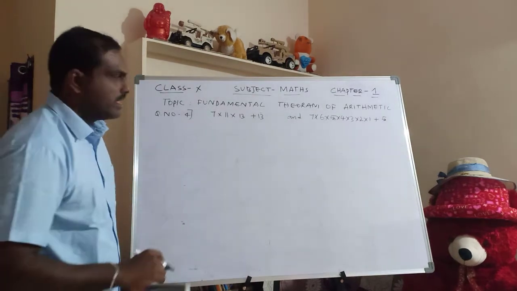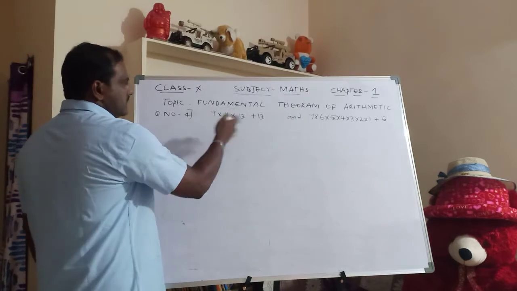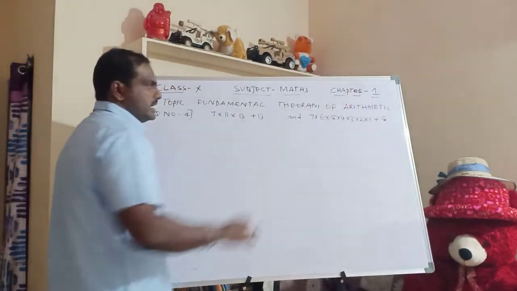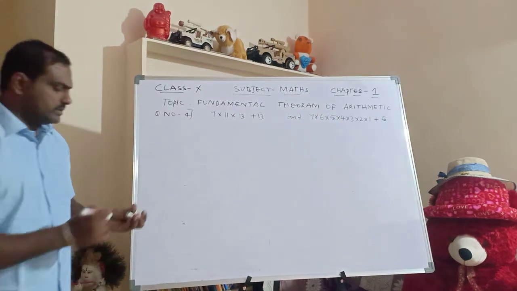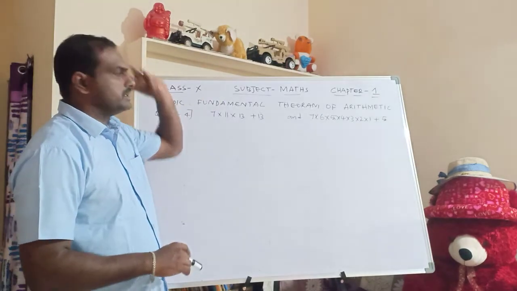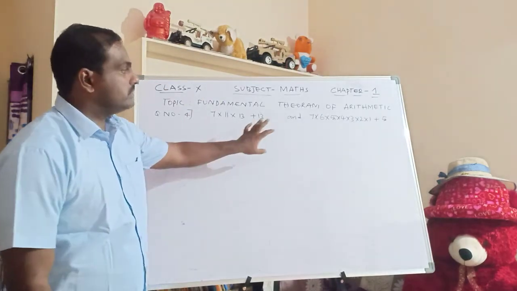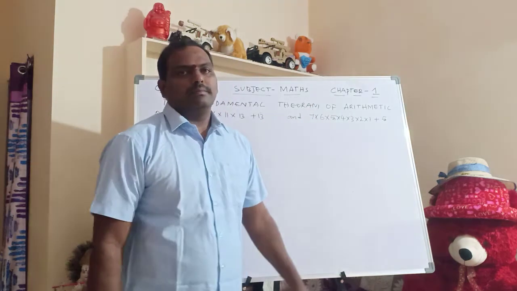This is the question. So how to do it? Generally they will do multiplication and everything. That's the secondary matter. First what we have to show is that this is a composite number. You have to say why it is a composite number.